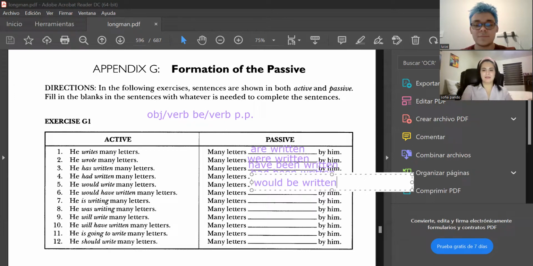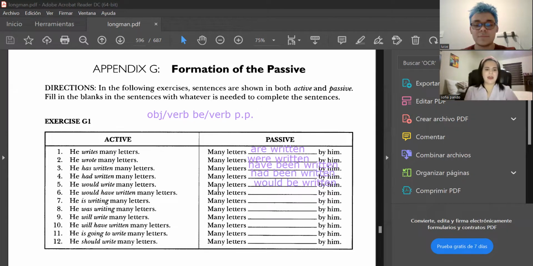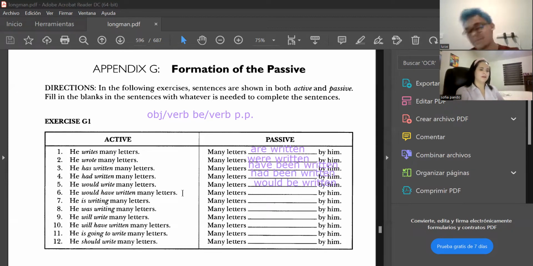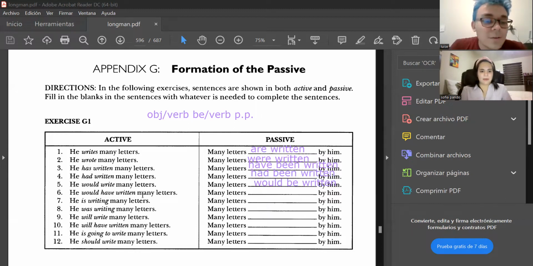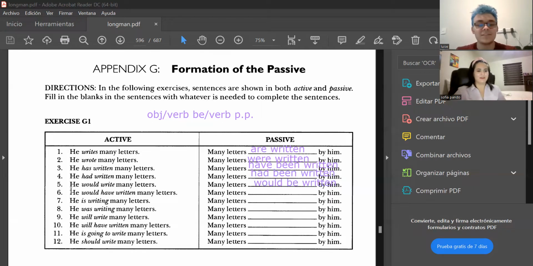Then we have the second one, and we have, he would have written many letters. Do you know how we use this sentence actually? Like, what does that mean? Which one? The number 6. He would have written many letters. Yeah. No, I don't have an idea. Oh, very interesting.